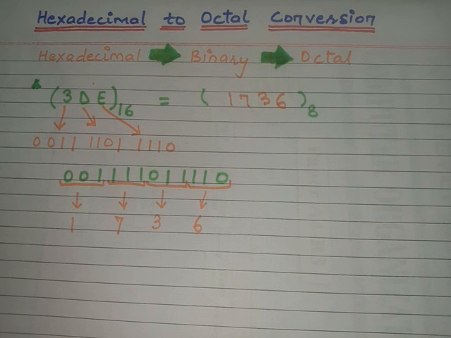So this is the method for converting a hexadecimal number into octal. First of all, you have to convert the hexadecimal number into binary and then the binary number into octal. And this is how you will be converting numbers from one number system to another.